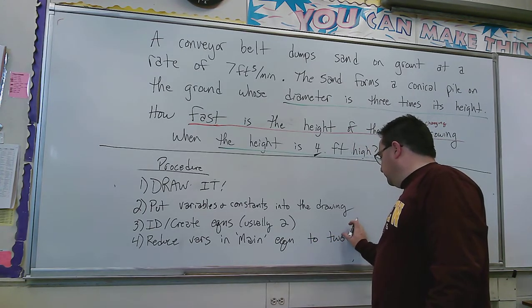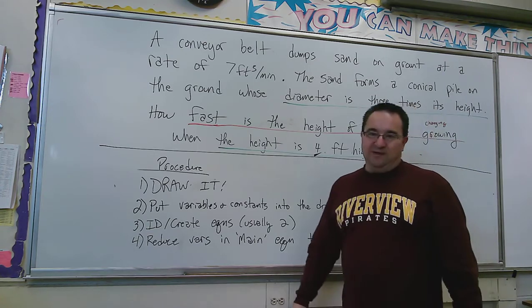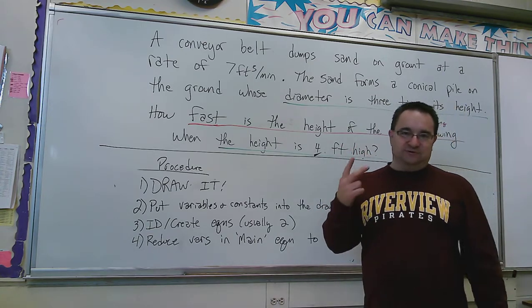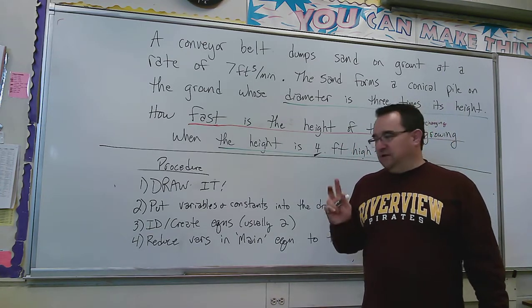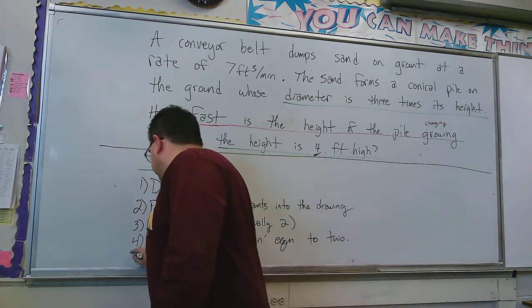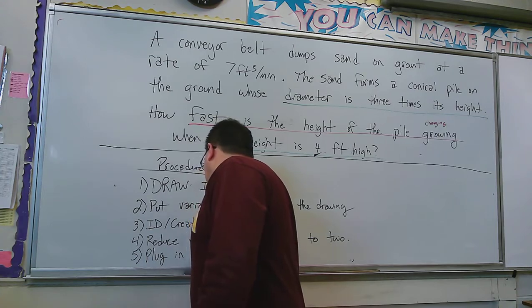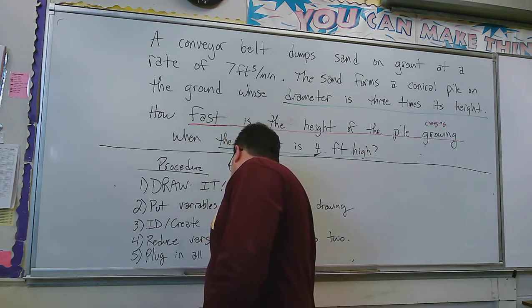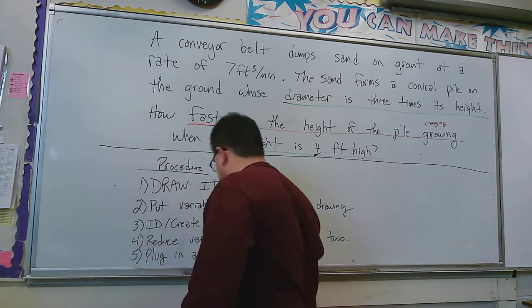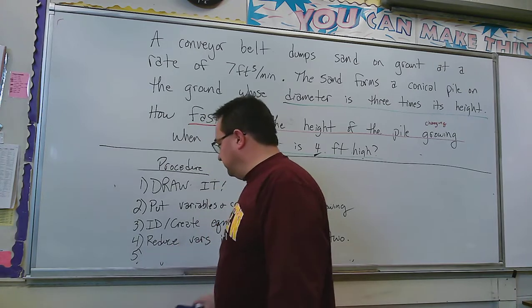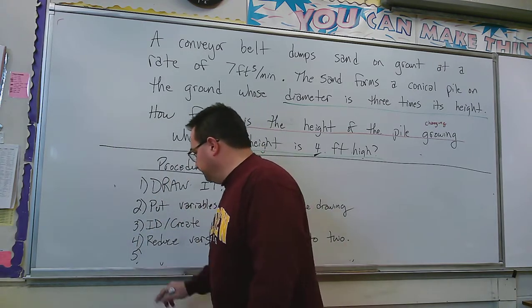So if there's like 3 different variables in our main equation, we got to get it down to 2 variables in the main equation. That's really important.